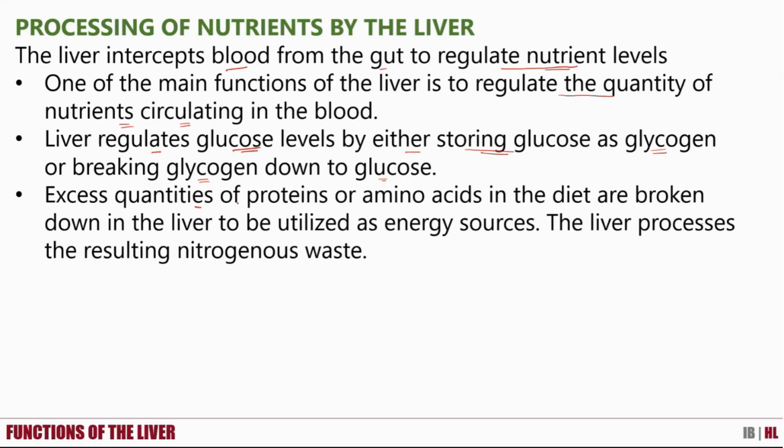Now coming to other nutrients. Excess quantities of proteins or amino acids in the diet are broken down in the liver to be utilized as energy sources, right? See, we always say that the source of energy is glucose and all, but it's not like that.